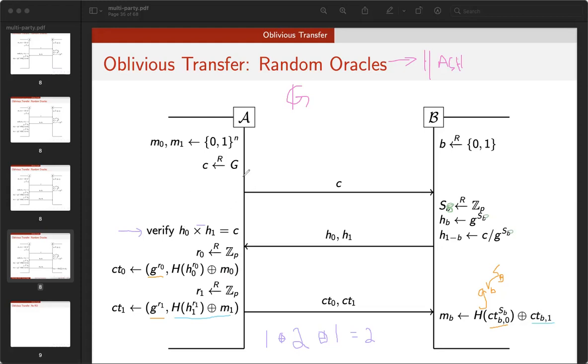All right, so let's do maybe 1 minute of questions, because this is a pretty meaty slide and there's a lot going on here.